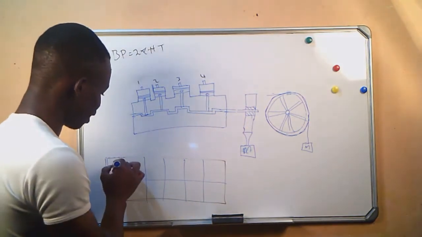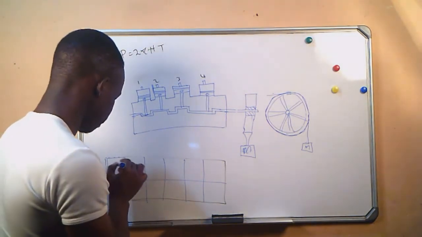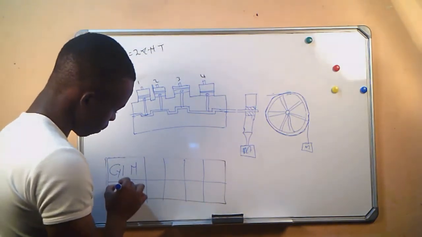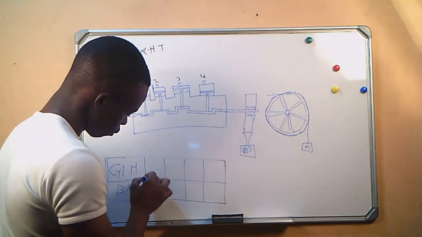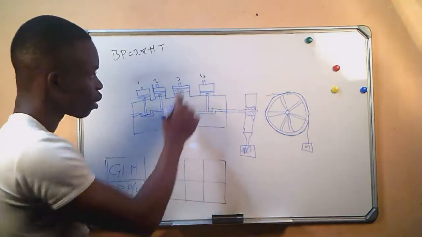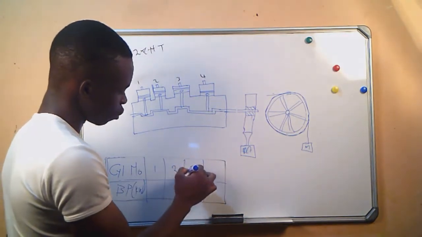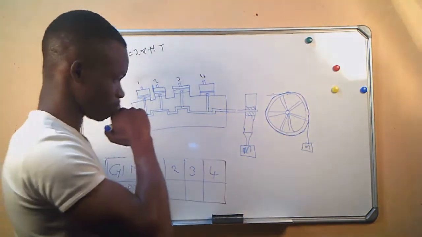Here we will put the cylinder number, and here it will be the brake power in kilowatts. We'll say this one is for cylinder number 1, cylinder number 2, cylinder number 3, and cylinder number 4.